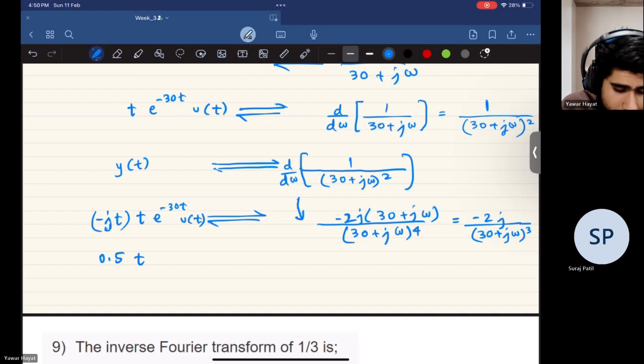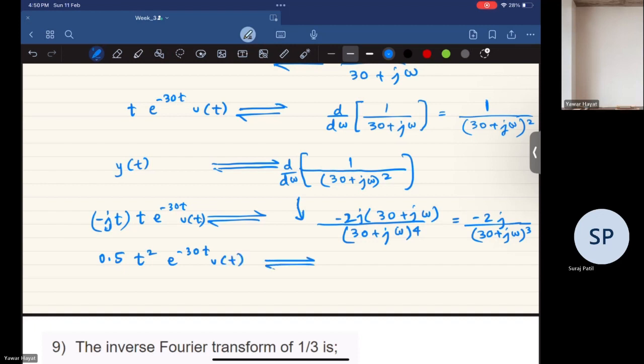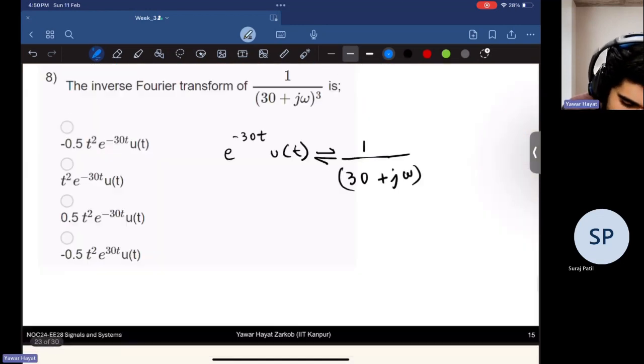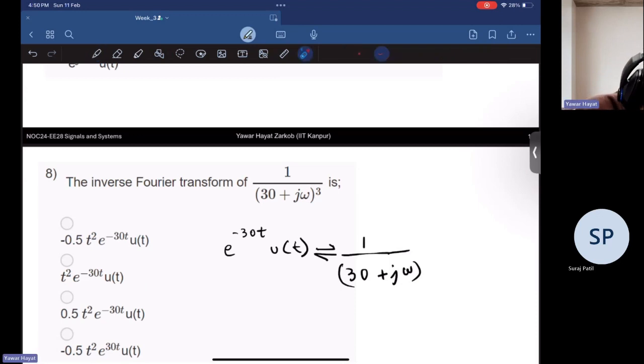This would be 1 over 30 plus j omega. And we were asked to find the inverse Fourier transform of this particular function.